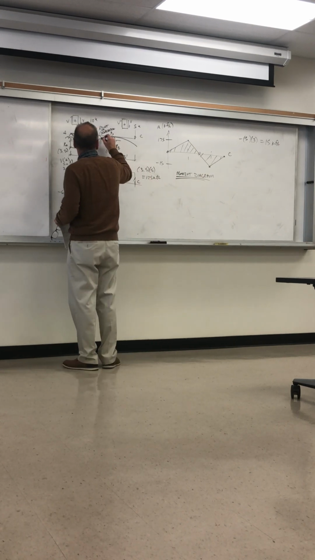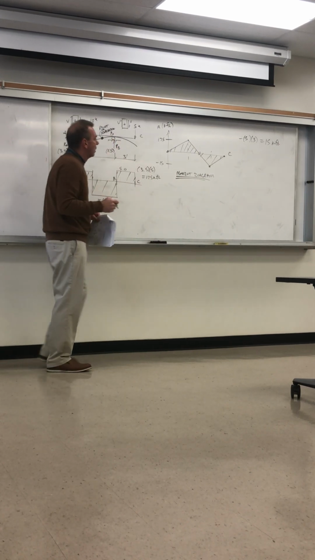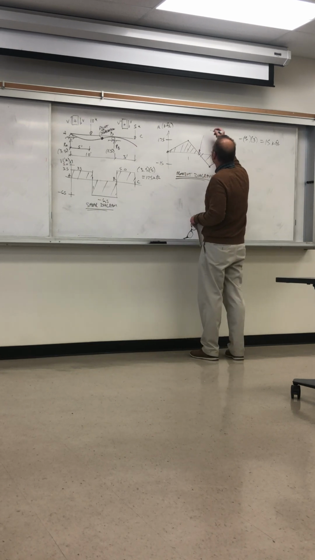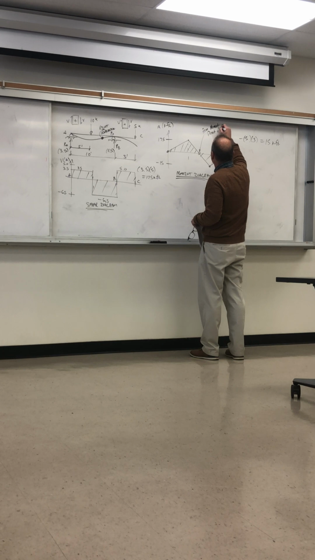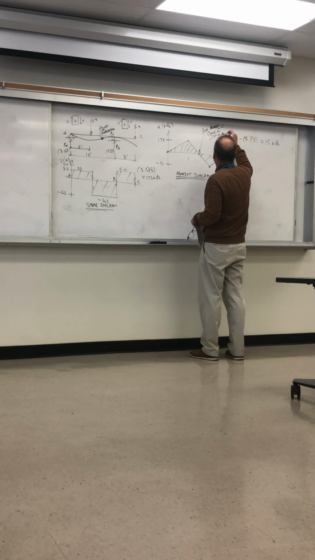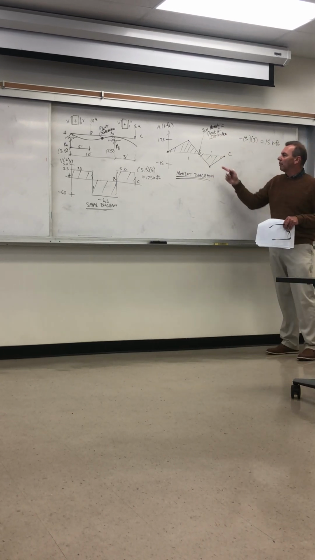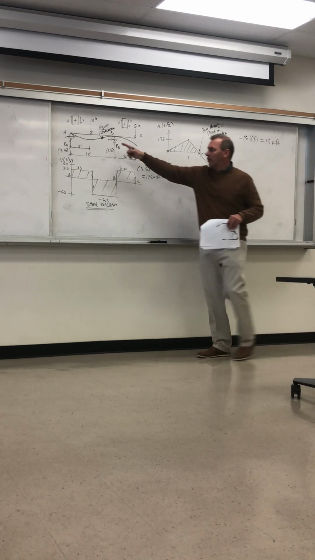And this point right there is right where it changes. So that's this point here. So this is 0 moment, equals point of inflection. And we can use this drawing to solve for that point.